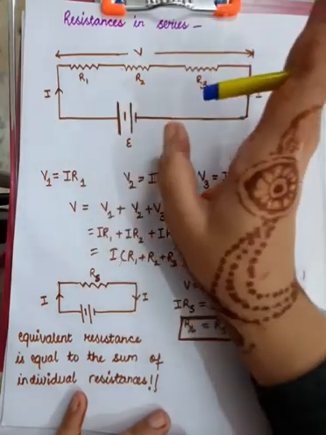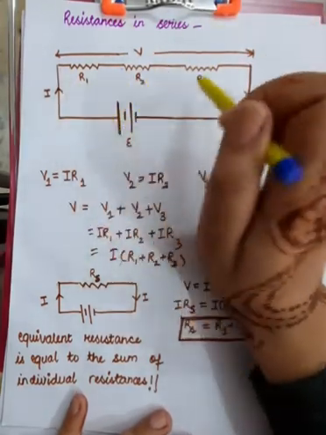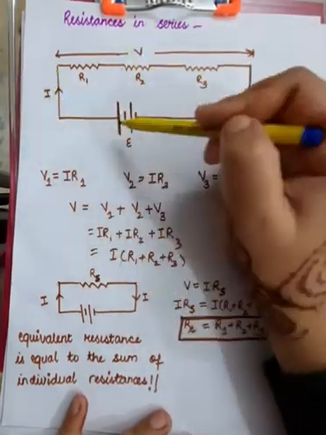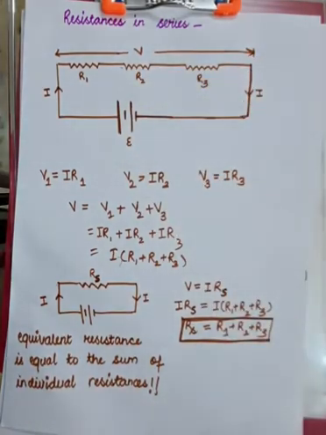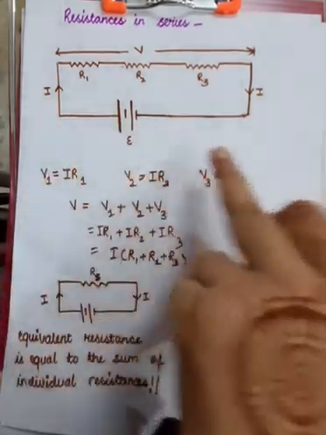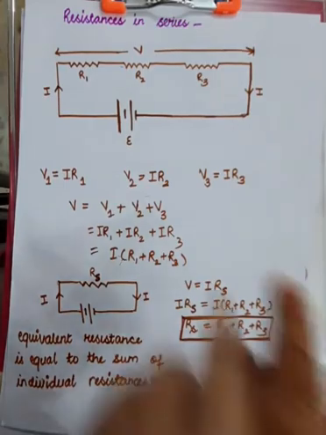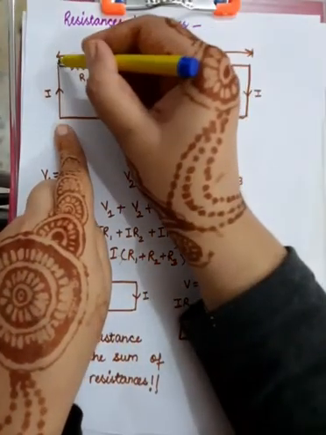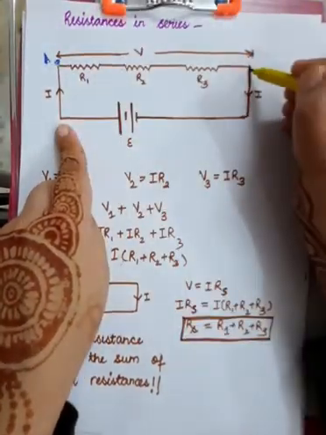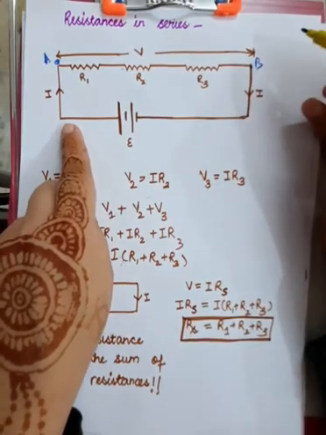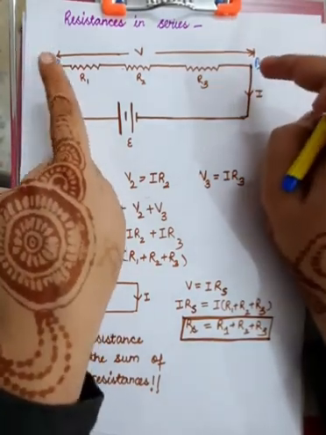So when I do that, suppose to this combination I have applied a potential difference. I have connected this combination to a battery like this, where the EMF of the battery is simply E. So if this is point A and this is point B, what is the potential difference between A and B?